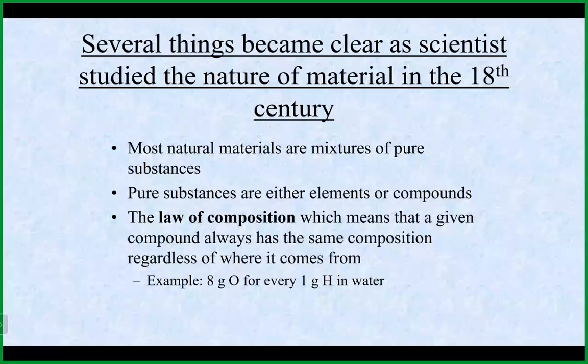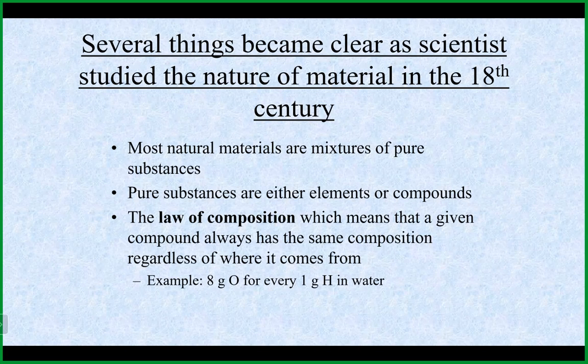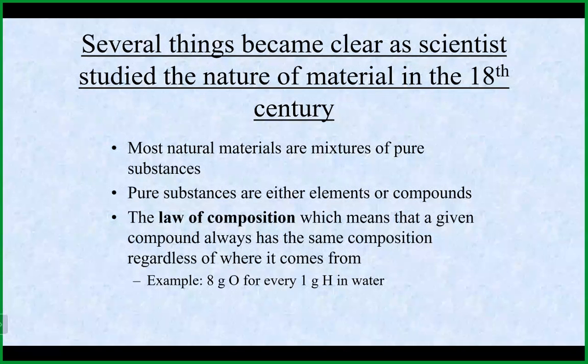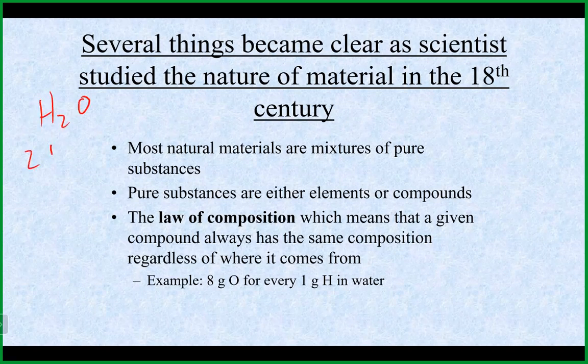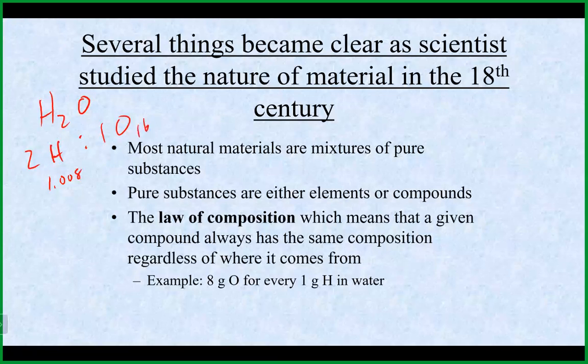And the idea of the law of composition is a given compound will always be made up of the same composition regardless of where it comes from. So when we take something like water, it's always 8 grams of oxygen for every 1 gram of hydrogen. And that's because there's H2O, so there's always 2 hydrogen atoms for every 1 oxygen atom that's present. And hydrogen's about 1.008, oxygen's about 16 grams.